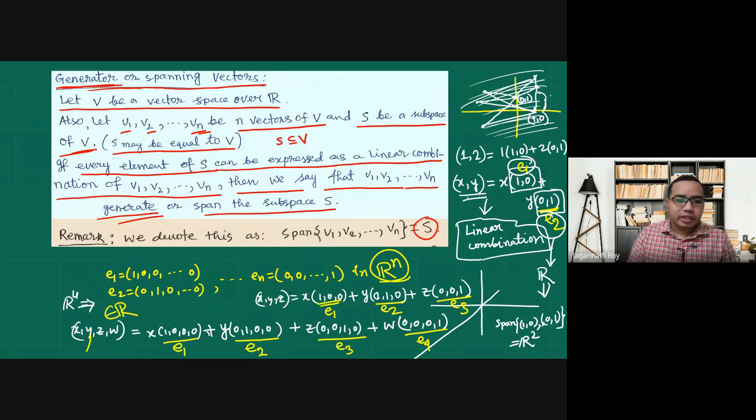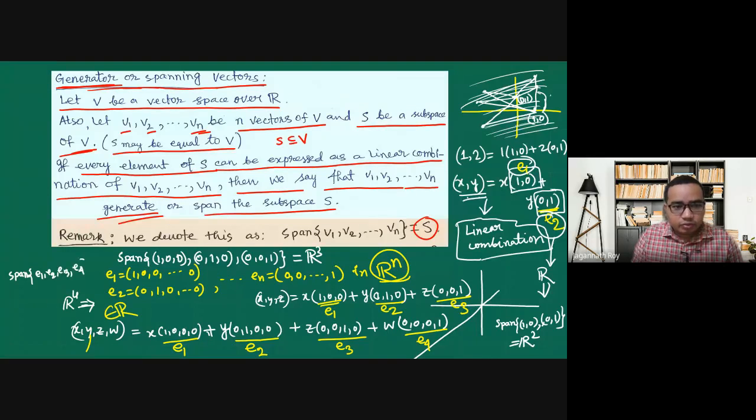Similarly, we can write the span of these three vectors, 1, 0, 0, 0, 1, 0 and 0, 0, 1. This is called a spanning set. This is R3. Similarly, the span of E1, E2, E3 and E4 will be the four-dimensional space.